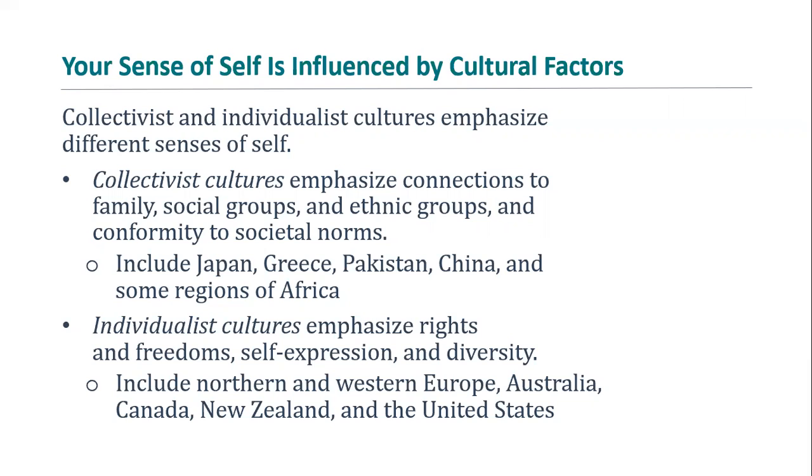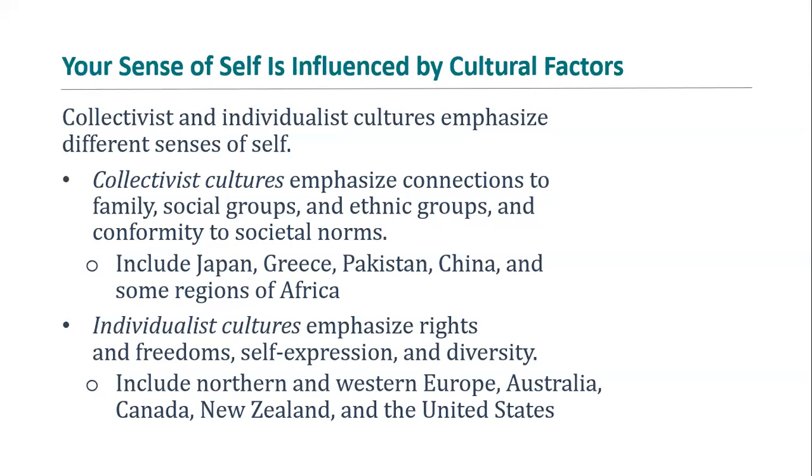So we can look at two different cultures. We have collectivist cultures, and these emphasize those group connections, those family connections. They really stick with social groups, ethnic norms, and they conform to societal norms. Some of the cultures that we often think of when we're talking about collectivist cultures are those from Japan, China, and some regions of Africa.